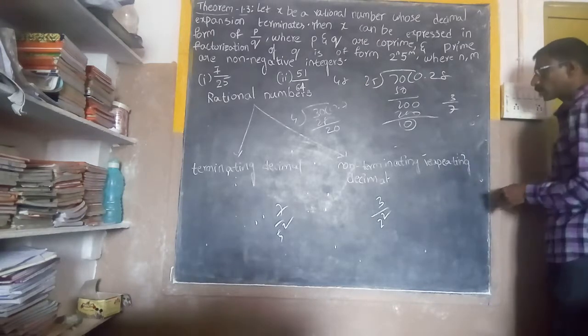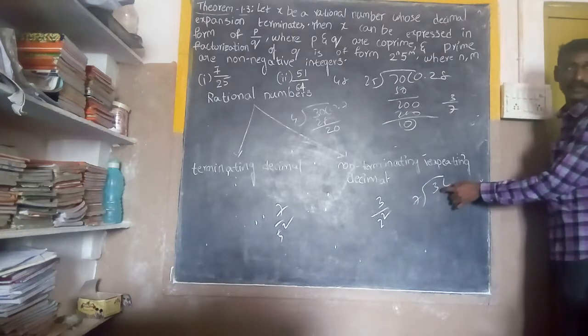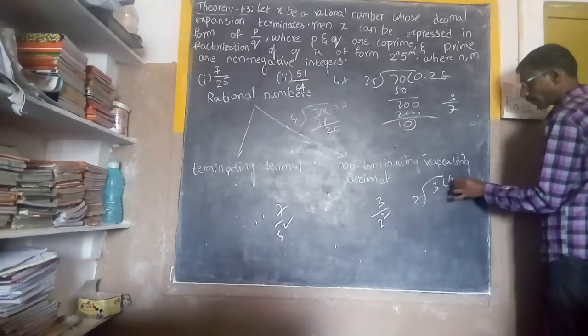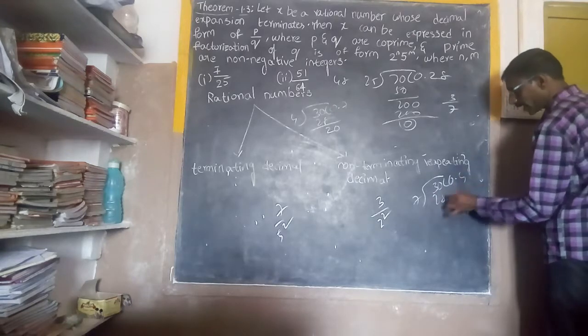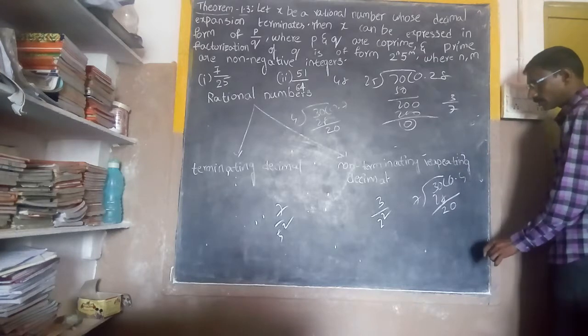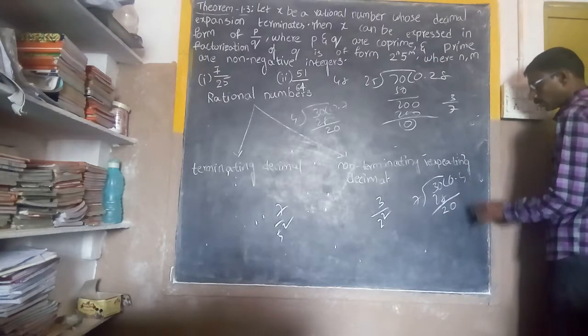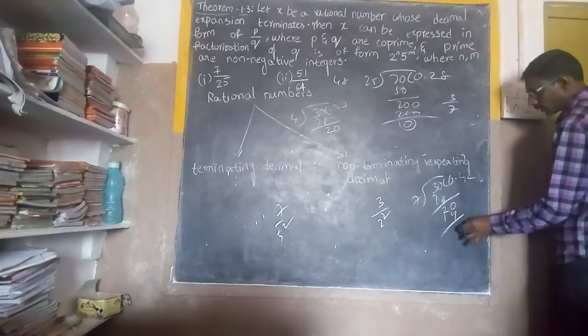Again I would like to show it. 3 divides 7 will not go in this one. Keep 0 point and keep 0 here. 7 fours are 28, again 2 remainder. 7 twos are 14. Again 6.